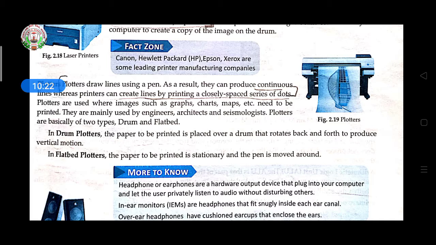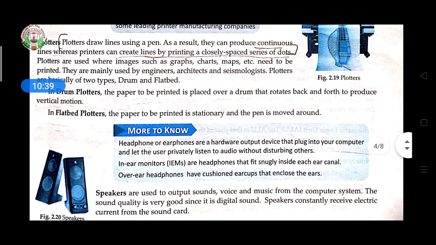particular image. So plotters are used where images such as graphs, charts, maps, etc. need to be printed. They are mainly used by engineers, architects, and seismologists. Plotters are basically of two types, drum and flatbed. Drum plotters print on paper placed over a drum that rotates back and forth to produce vertical motion.